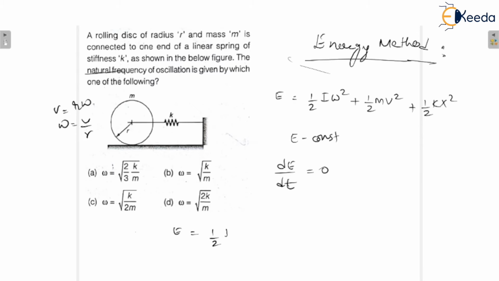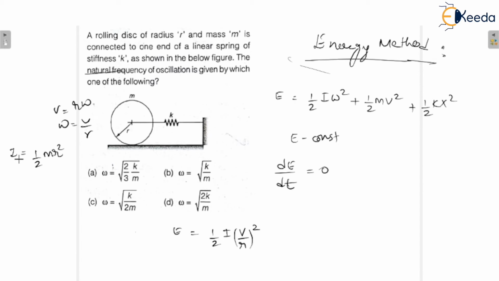Now just rearranging these equations again. Half I, omega is v by r whole square. And can I replace this I? I is the moment of inertia, and for the disk it is half mr square, that is mr square by 2, because the radius of gyration for the disk is r upon root 2.